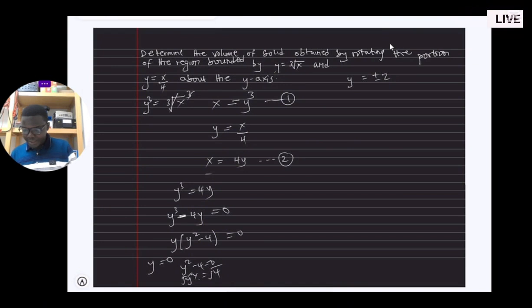So we are going to consider the meeting point to be y equal to 2, because we are focusing on the positive side. So based on that, we know that our meeting points will be from 0 to 2.